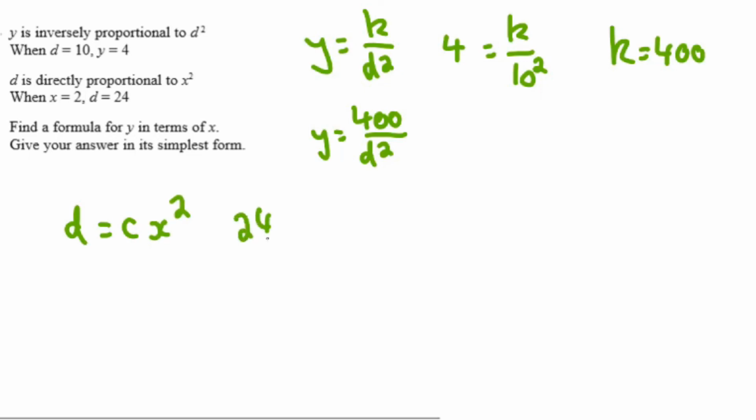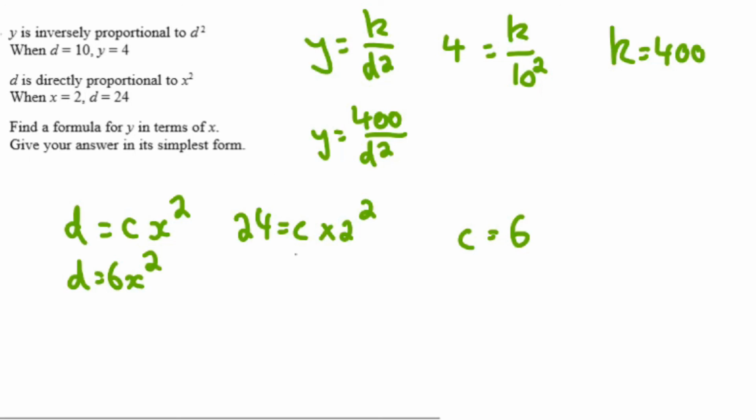So 24 equals c times 2 squared. So that's 4. Here, to get the c on its own, you would be dividing by the 4 to get it on the other side. 24 divided by 4, that's going to be 6. So here we have d equals 6x squared.